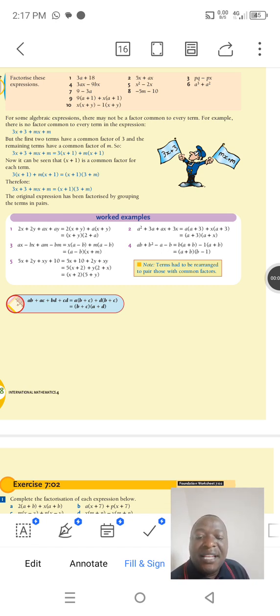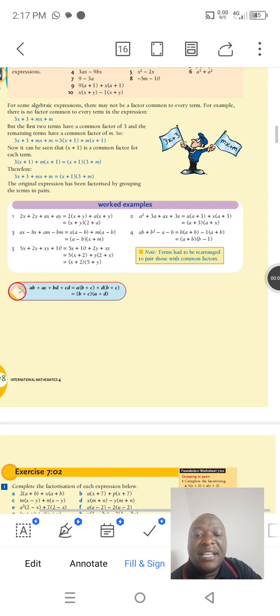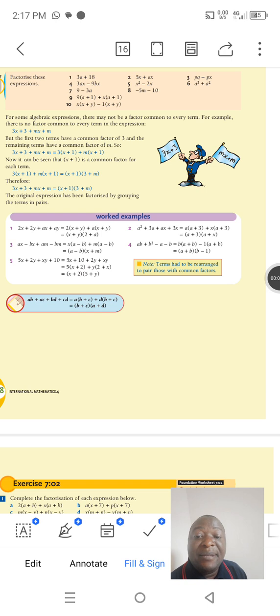So in such situations, you are required to do some rearrangement of the terms. Like in this case, the rearrangement will be 5x plus 10 plus 2y plus xy. It's the same expression, but we have done some rearrangement of the terms.